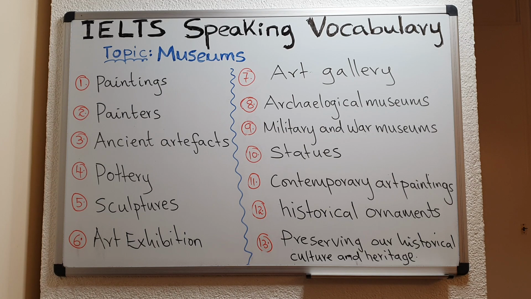So pottery refers to pots or dishes and other articles that are made of fired clay. For example, in a museum, you can find porcelain or stoneware, pots or dishes, and other items that are from the past. And that is the reason why they're there.